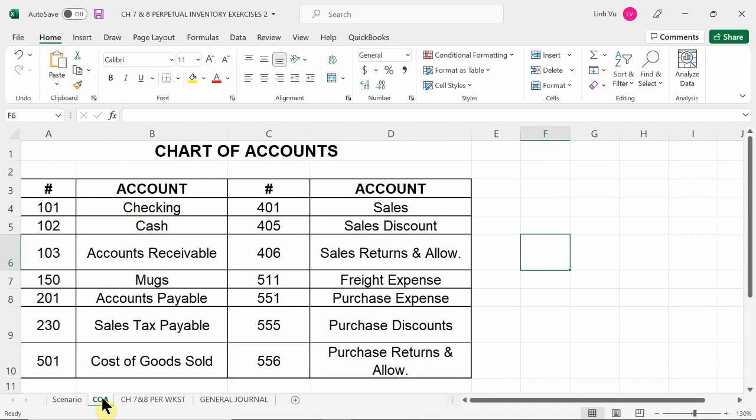I'm refunding 50 broken mugs. What account did I actually place my mugs in? Inventory. Yeah. Use accounts payable, debit that, and then credit the inventory.